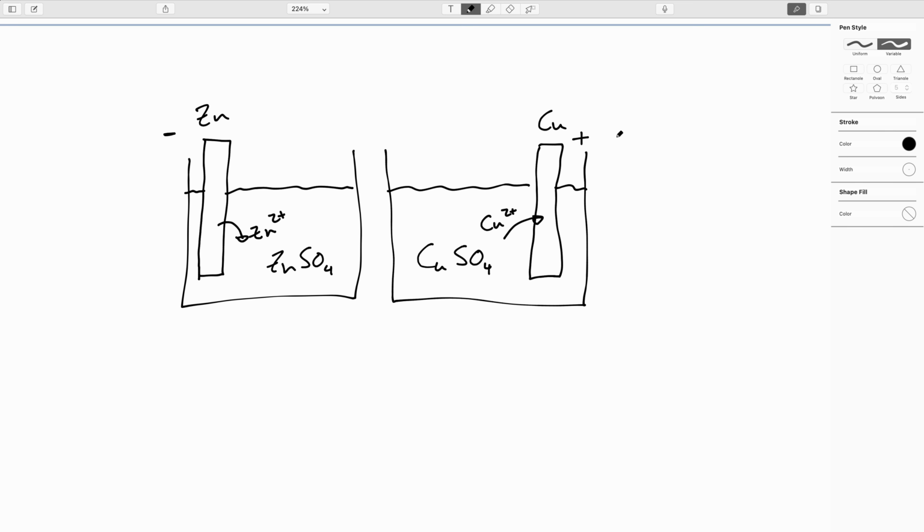All right, so if I just let these sit here, will these reactions continue to run forever? Pause and get back with me. No, of course not, right? Because what starts happening here is the zinc solution becomes positively charged, right?